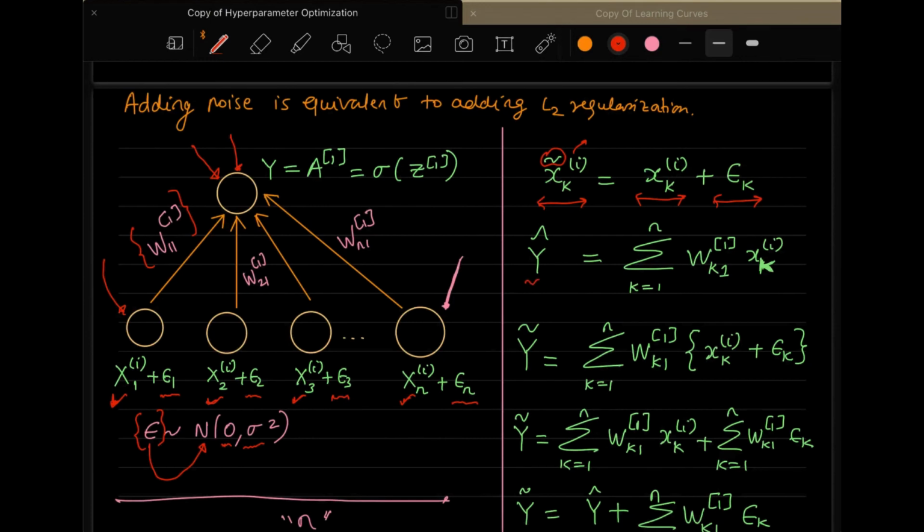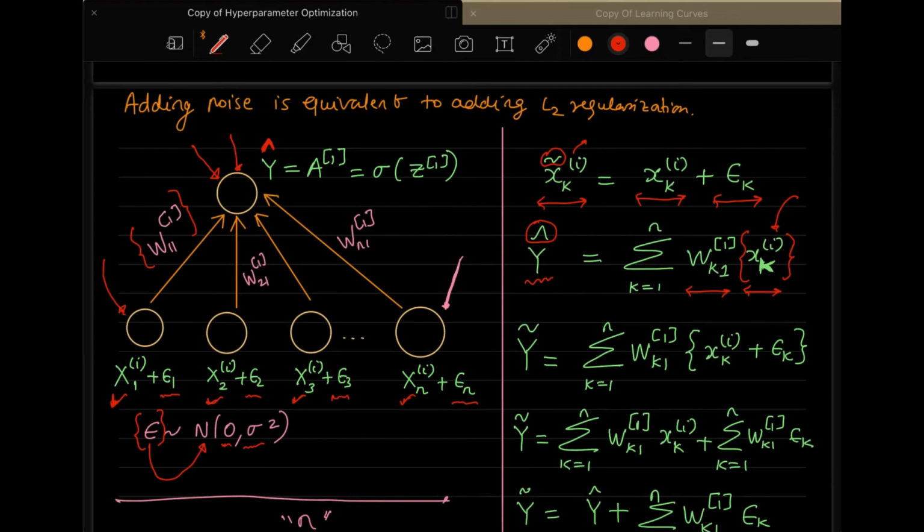So y hat, what is y hat? The y hat is the output that you get in the neural network. So y hat is the summation of all the weights connected to the input node, and right now I am taking a noise-free input x_k. That's why I write y hat, to denote that the output y hat comes from the noise-free input x_k.